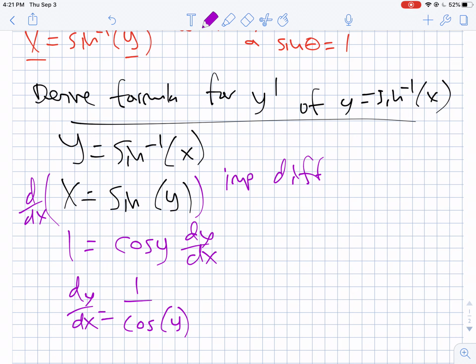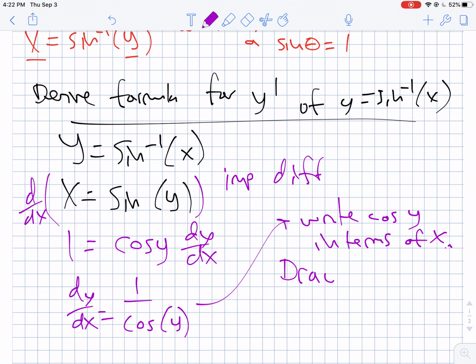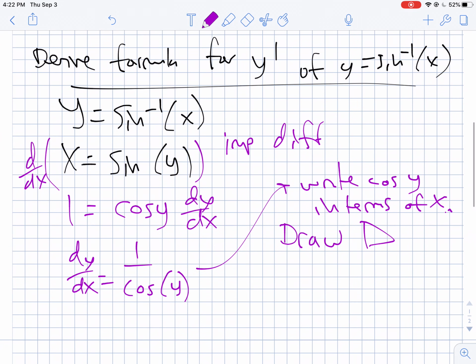Now, this might be a little frustrating, right? Because we had a function of x, we'd like our derivative to be in terms of x. So we want to be able to write cosine of y in terms of x. The way we do this is a trick you'll see a couple times in your math career. You're going to draw a right triangle. Okay. So what do we know? We know that the sine of the angle y is equal to x, which you could write as a fraction as x over 1.